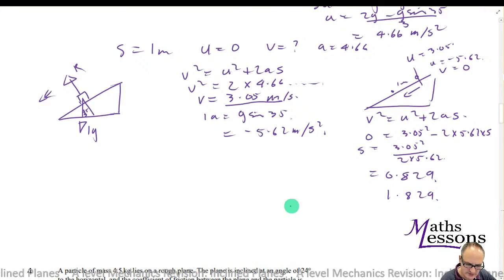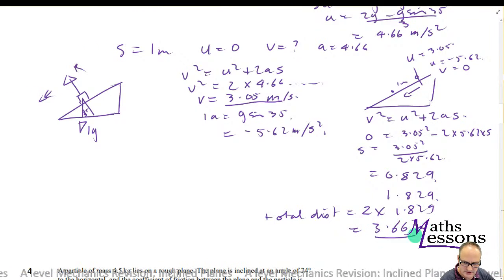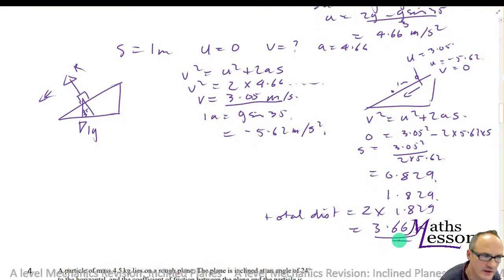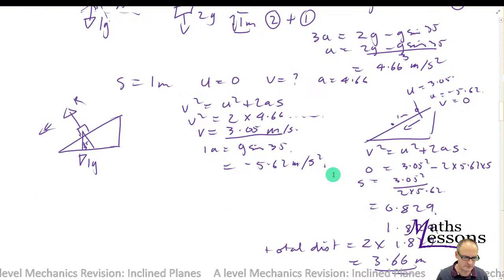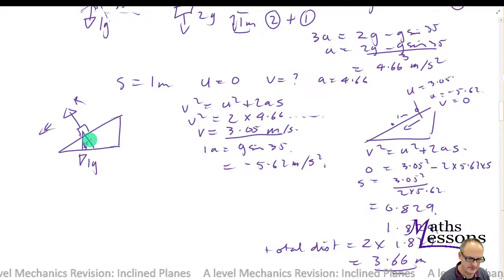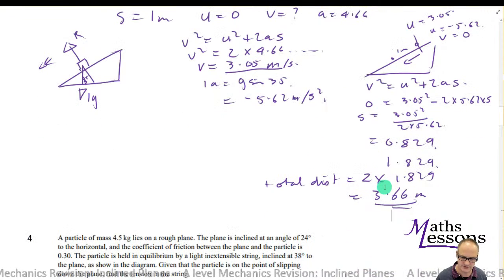So the total distance will equal 2 times 1.829, which comes out to be 3.66 meters. That was quite a tricky question, not tricky in itself, but you just had to be very careful about how you went about doing your maths. Let me just scroll that up away from my logo.